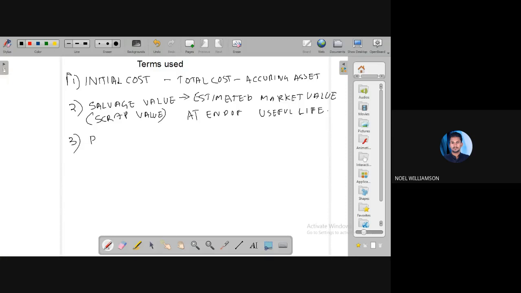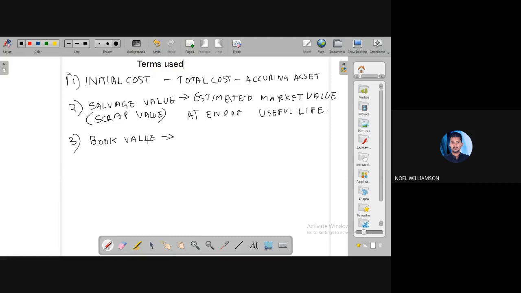Next, book value. So what is a book value? Something related to book, right? After each year, due to depreciation, the value of the product decreases. Suppose initially a product has a value of say 2 lakhs.